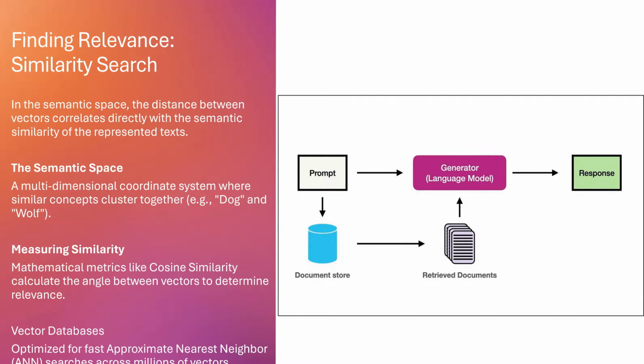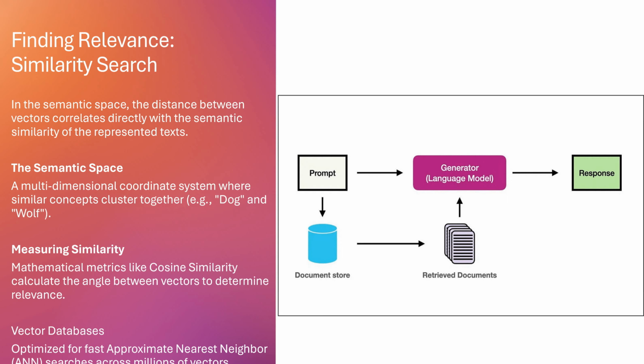database. So basically, let's suppose we have a semantic space. Someone puts in some text like dog and wolf. How similar are dog and wolf together? Embedding will work here.